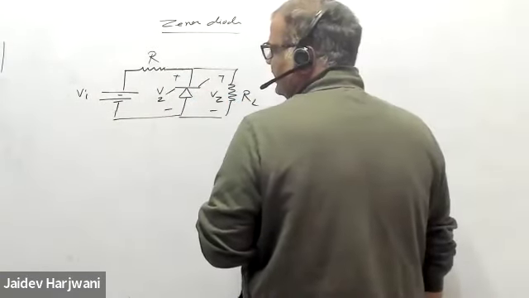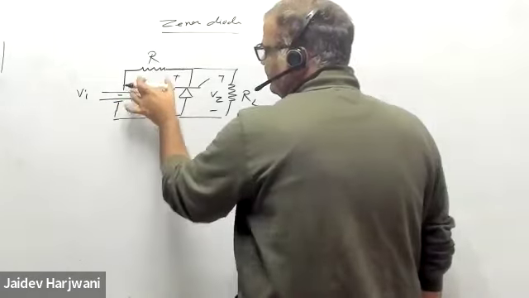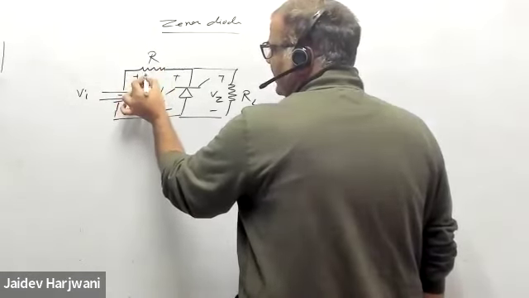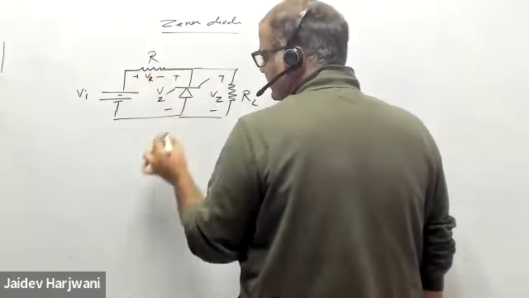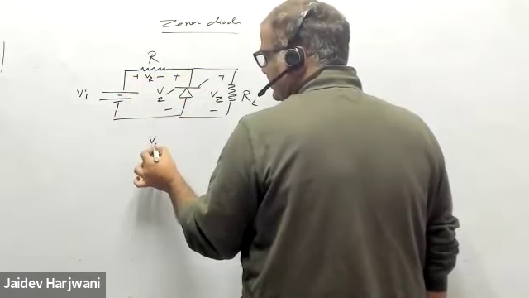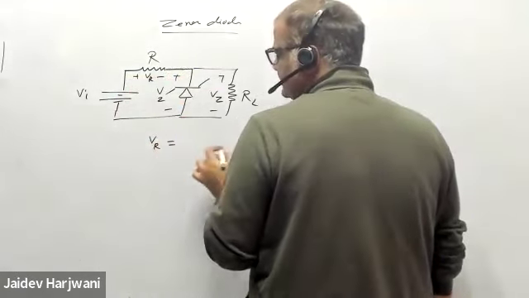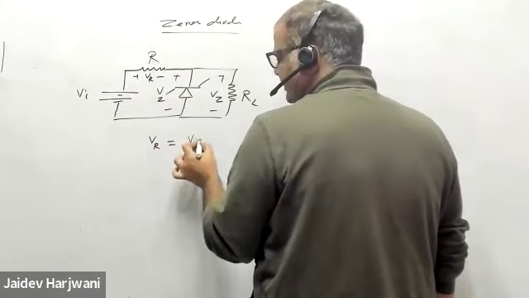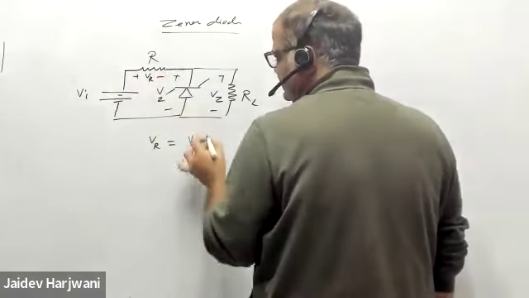The voltage across the resistance R will be given by VI minus VZ.